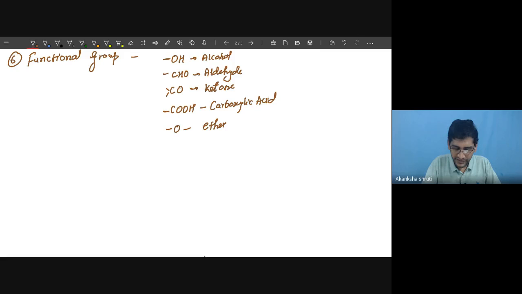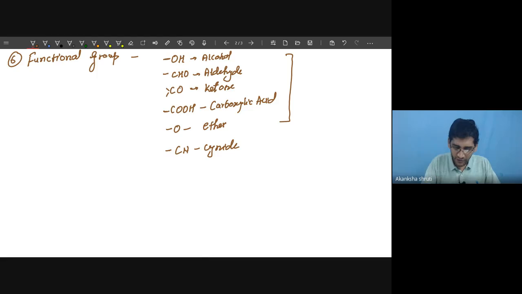If there is a compound with COO only, that is called ester. Those things you will learn later. If C and N are there, it is called cyanide. But we have to focus on the first three or four.